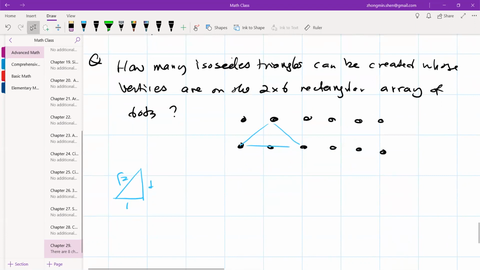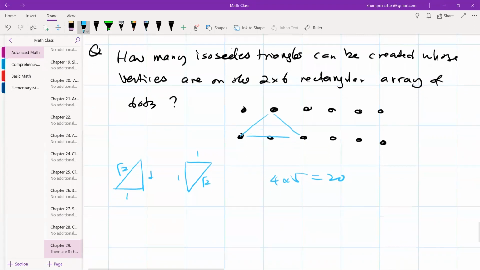There are 10, or this could also be in that form. So actually it's 20. 4 times 5 is going to be 20.